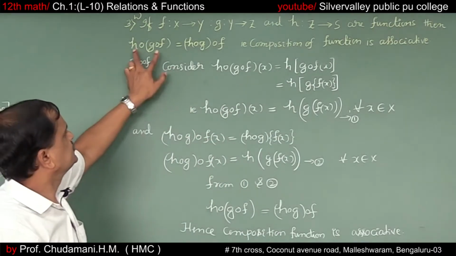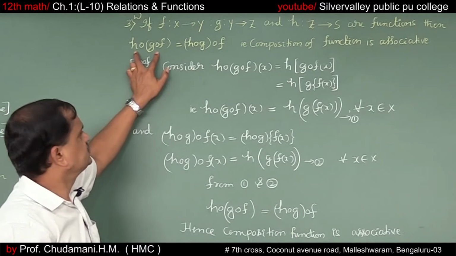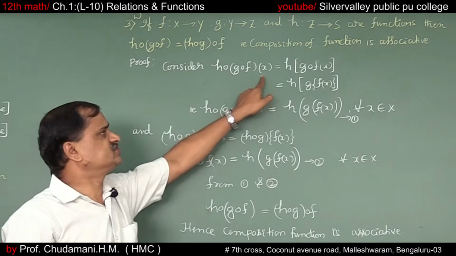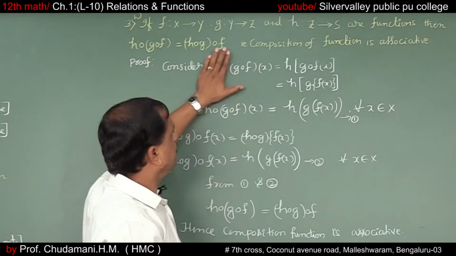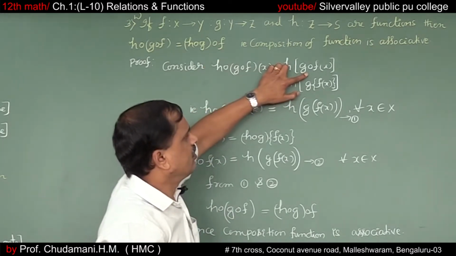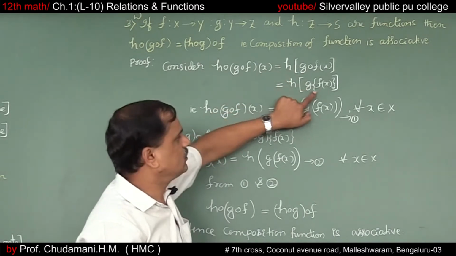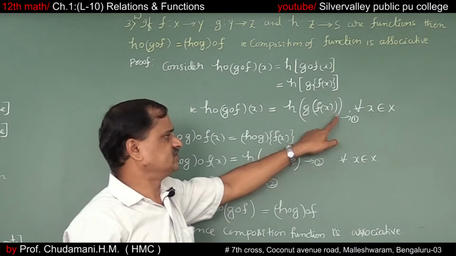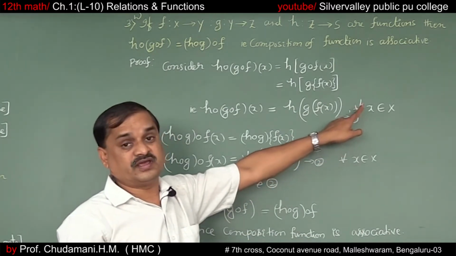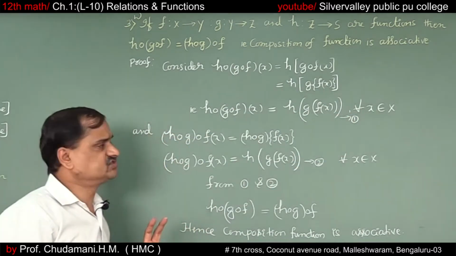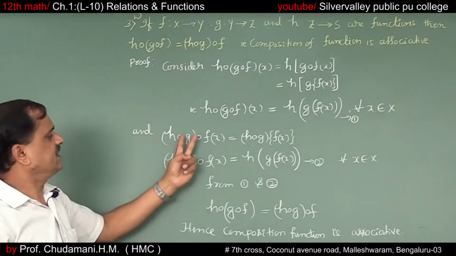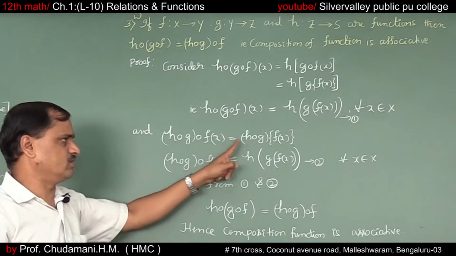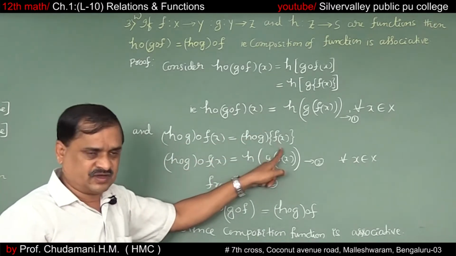Proof: consider the left hand side, that is composition of gof and h of x is equal to h of gof of x. Gof of x can be written as g of f of x. That means h of g of f of x, say equation 1, for all x belongs to the set capital X. And consider the right hand side, composition of f and hog of x is equal to hog of f of x.